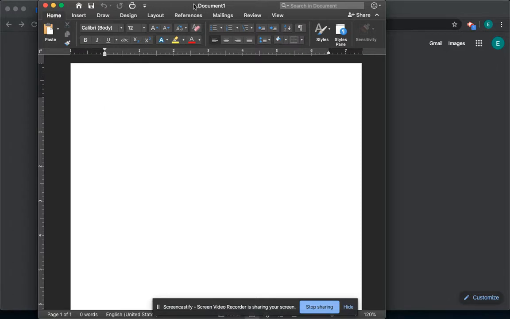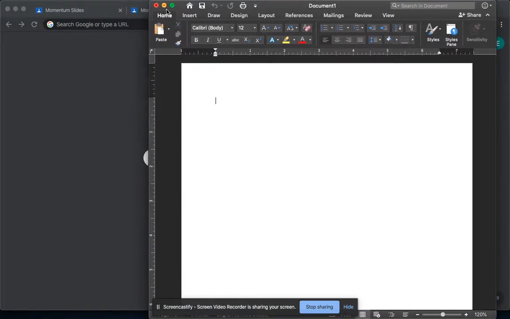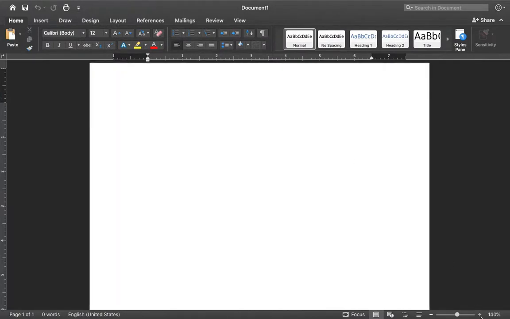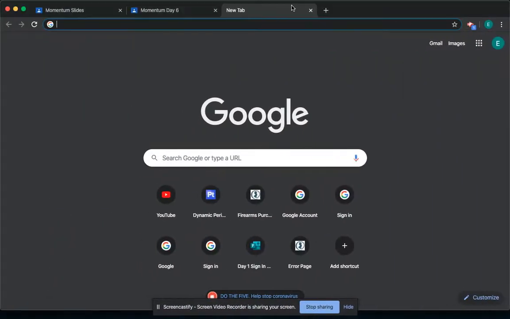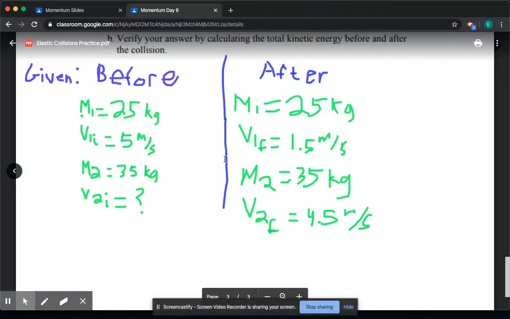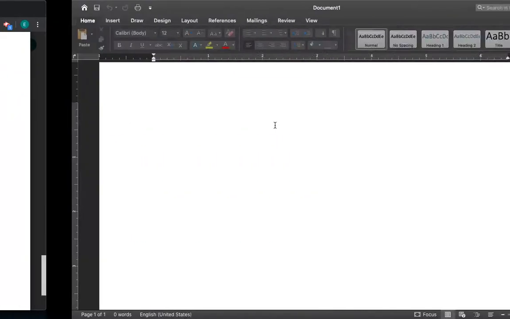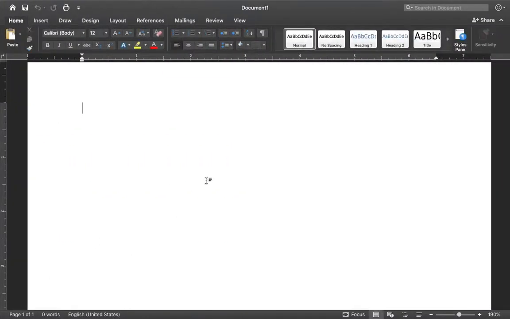I'm doing that just so I can have a blank little canvas to work with. Let me zoom in a little bit. So this is our final before and after, the information we're given. Oh, I can't type here?